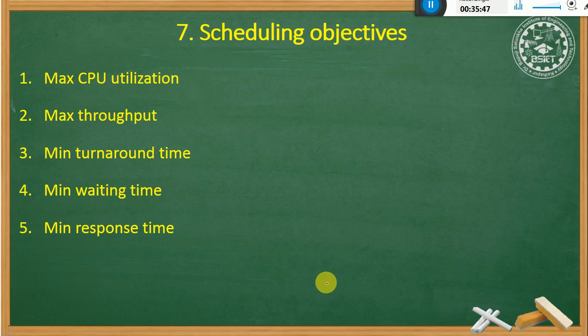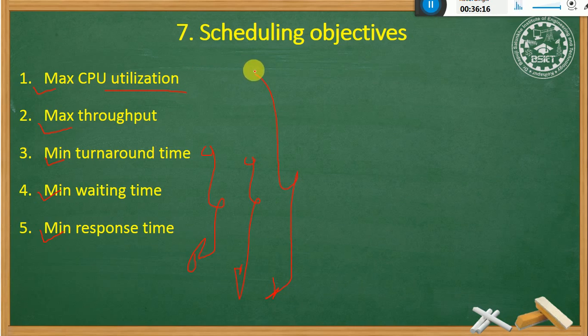The basic objective of CPU scheduling is to maximize CPU utilization, maximize throughput, minimize turnaround time, minimize waiting time, and minimize response time. So these are all time spans, the time span to get the next process, so it must be a minimum. Throughput, the number of processes executed per unit time, must be high, and CPU utilization must be high.